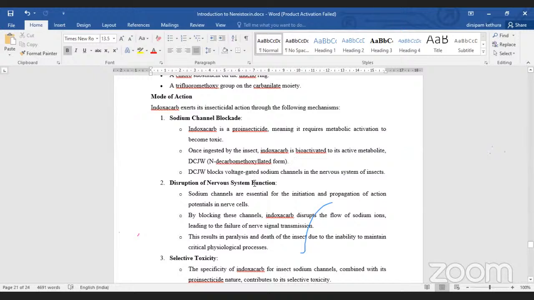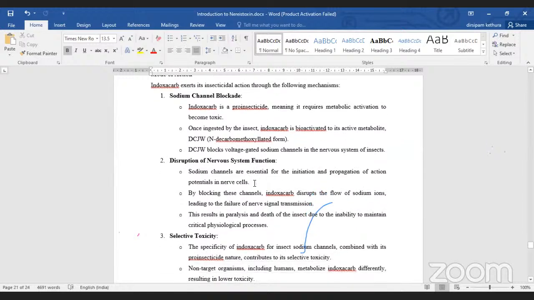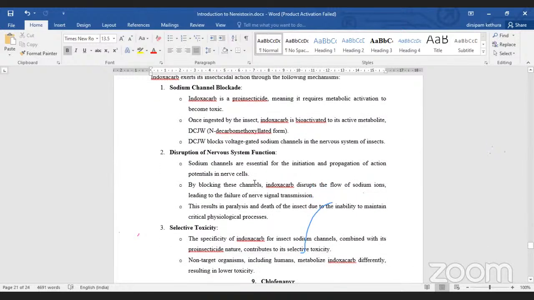This is the N-decarbomethoxylated form. It blocks voltage-gated sodium channels in the nervous system of insects. We already studied voltage-gated sodium channels. These are present in neurons and muscle cells, and these channels open in response to depolarization of the membrane potential, which allows sodium ions to flow into the cell, and that initiates the action potential.